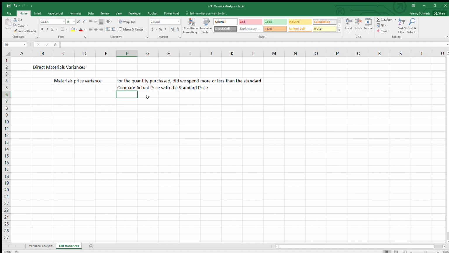And so again, this is going to be for the quantity purchased. So when we look at this actual quantity, the actual quantity here equals actual quantity purchased.